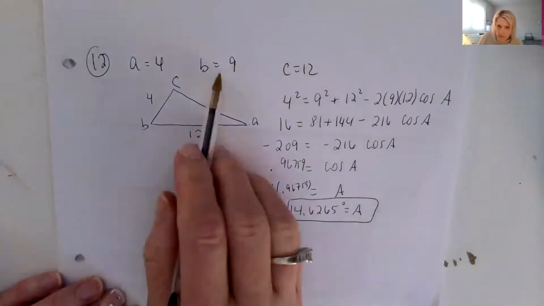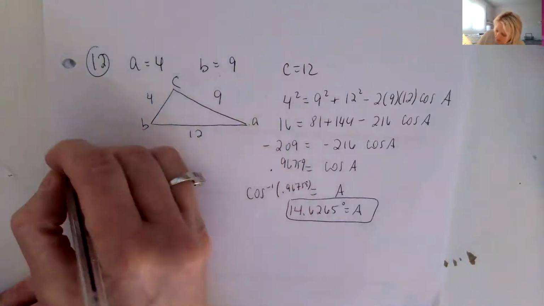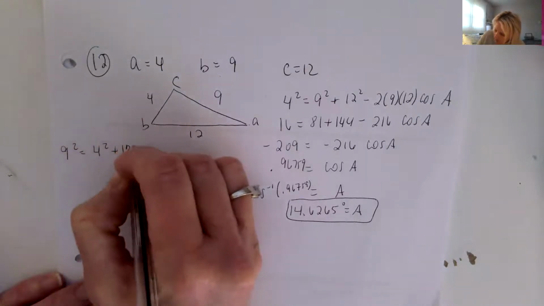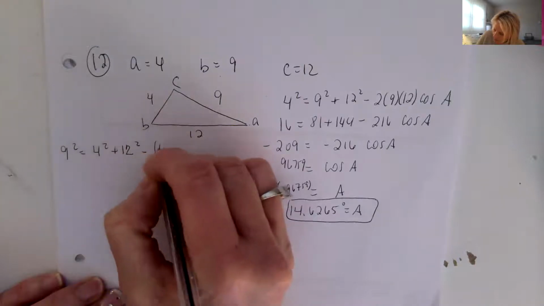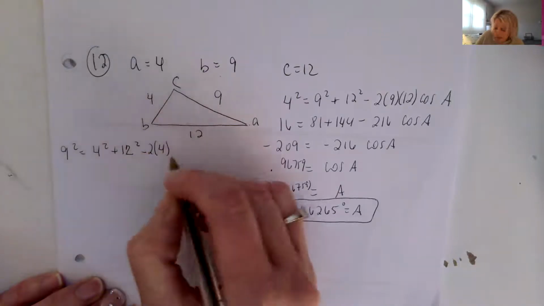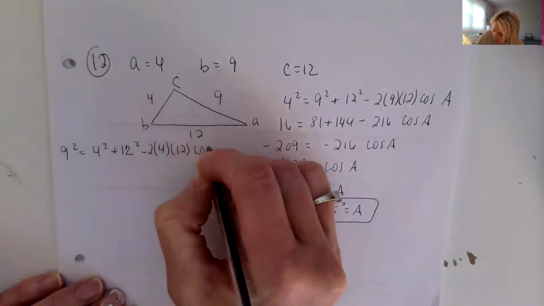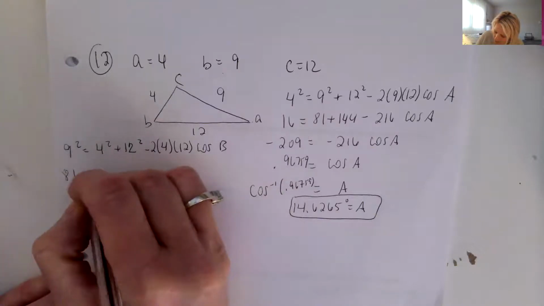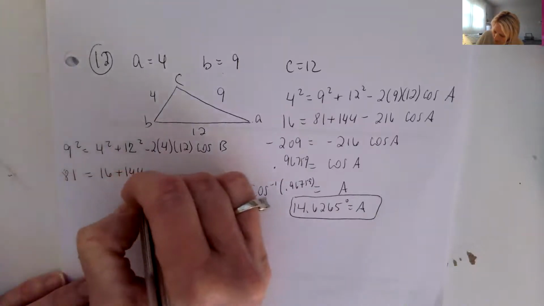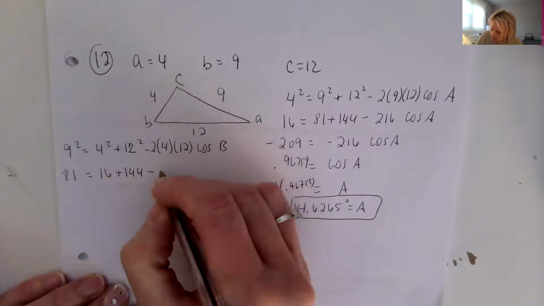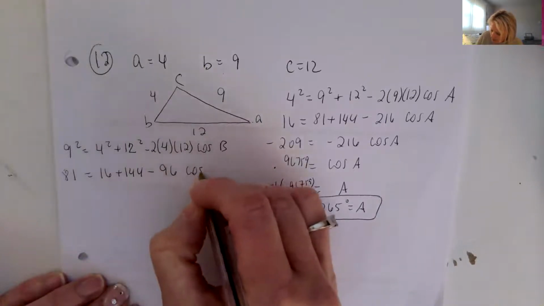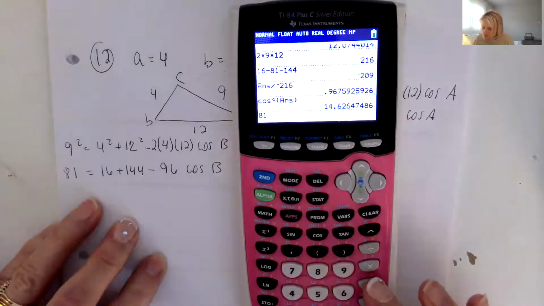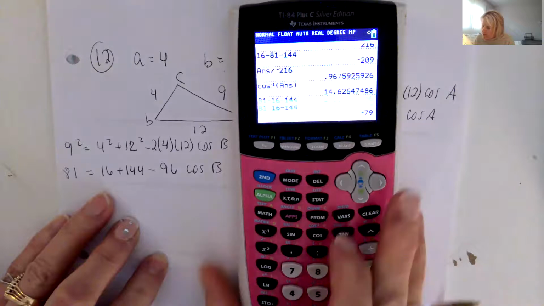So I'm going to go ahead and find side B doing the same thing. So this one's going to be 9 squared equals 4 squared plus 12 squared minus 2 times 4 times 12 times the cosine of B. So we're going to have 81 equals 16 plus 144 minus 8 times 12 is 96 cosine B. So I'm going to have 81 minus 16 minus 144, so I'm going to get a negative 79.